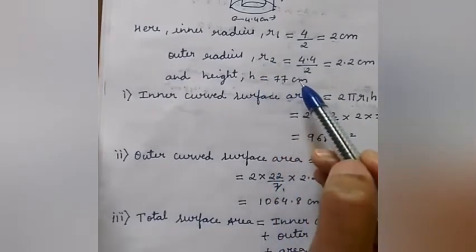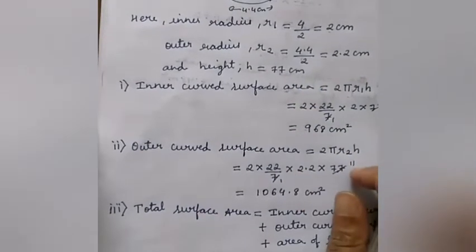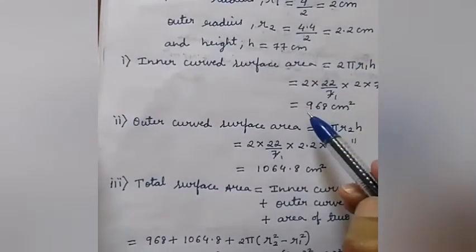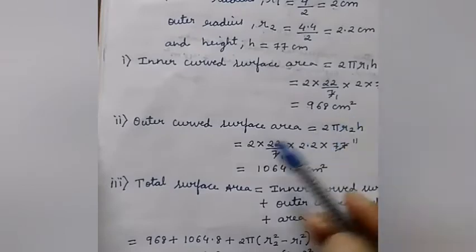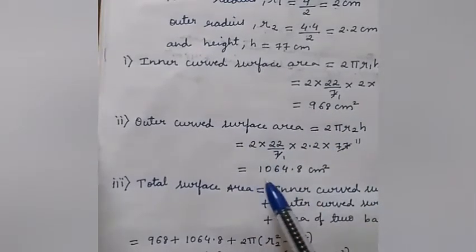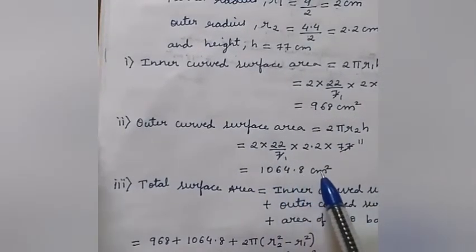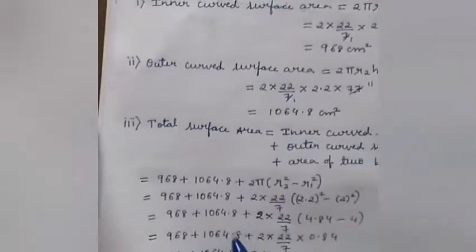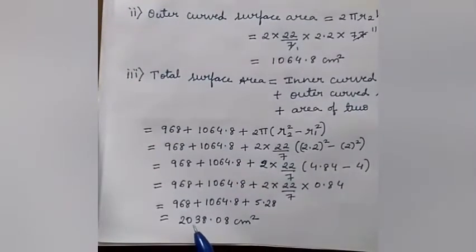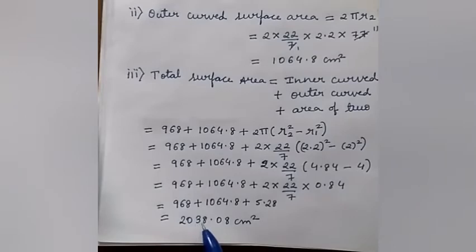H was given as 77 centimeter. So using the formula, inner curved surface area is 968 centimeter square, outer curved surface area is 1064.8 centimeter square, and the total surface area we have obtained is 2038.08 centimeter square.